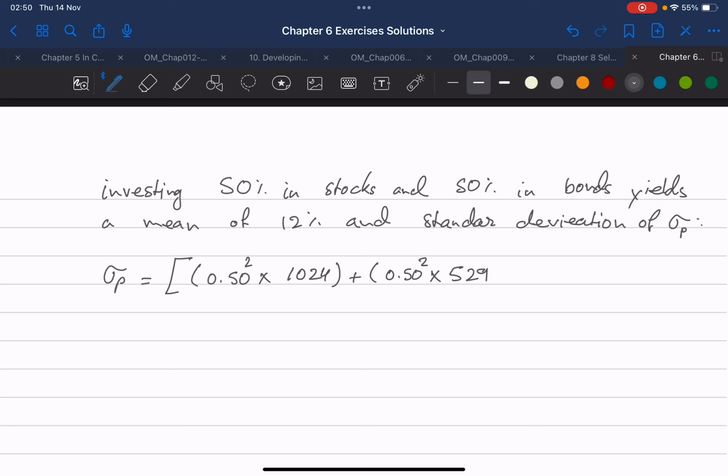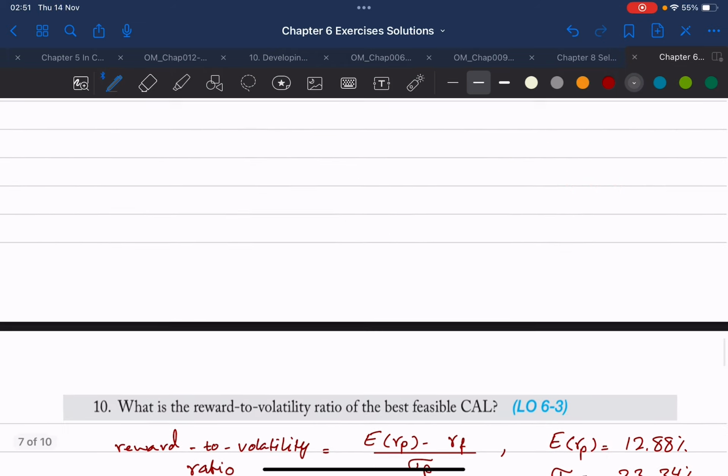Okay, same thing, plus 2 multiplied by 0.50 multiplied by 0.50. This is the weight of the stock fund, and this is the weight of the bond fund, multiplied by the covariance. The covariance was 110 point something.